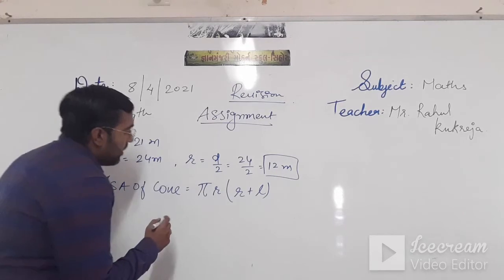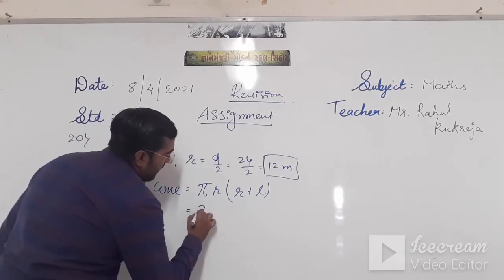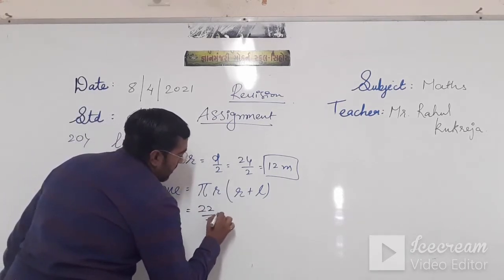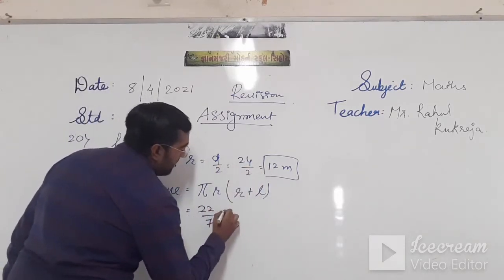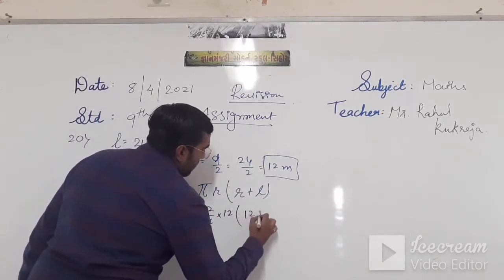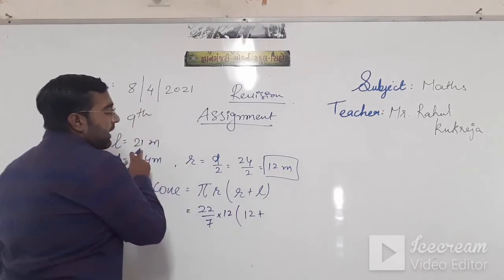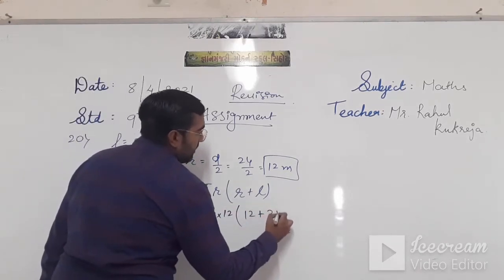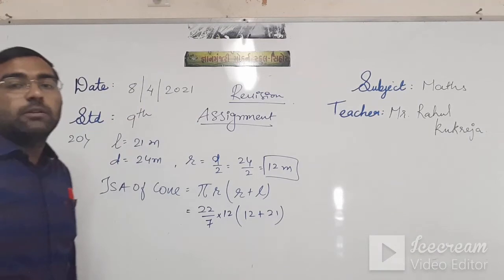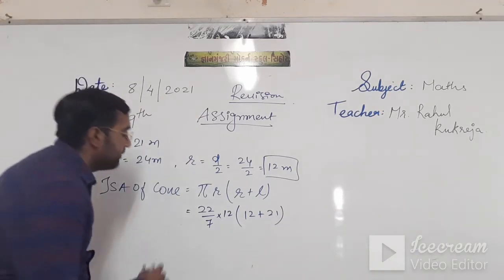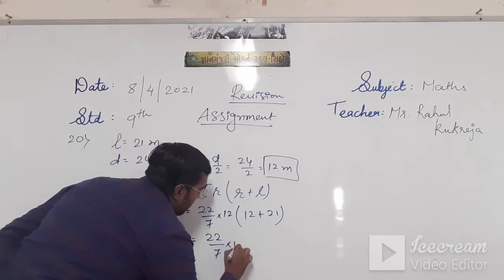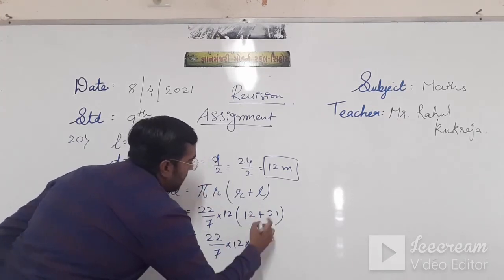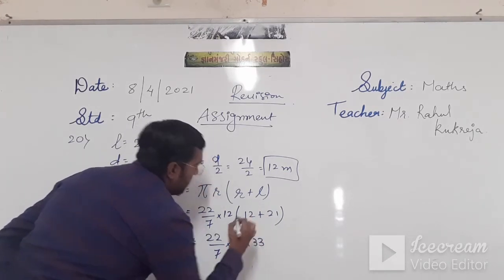So what is the value of pi? That is 22 by 7, into the radius 12, into 12 plus the slant height 21. So now 22 by 7 into 12 into 33.